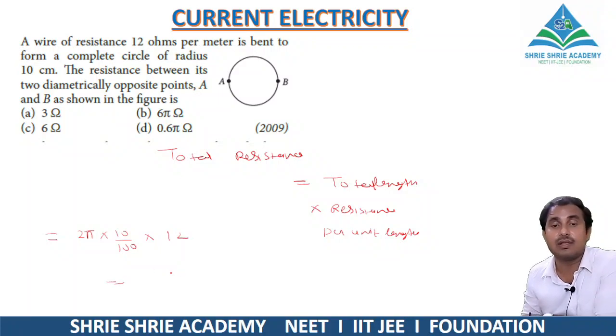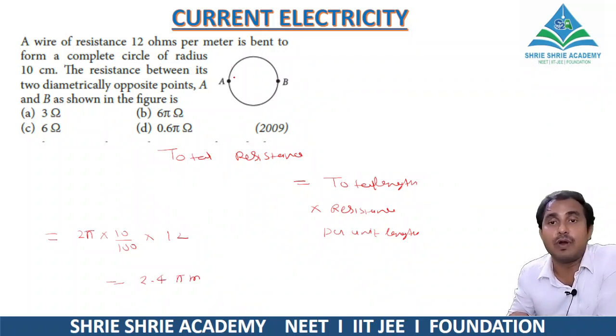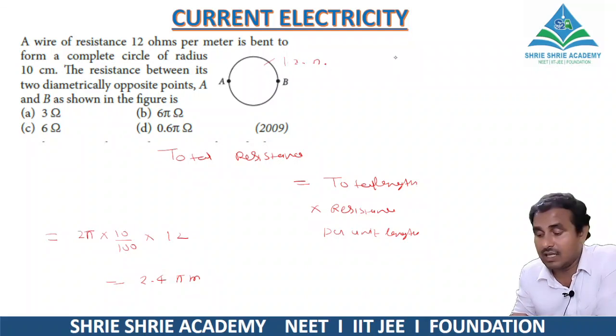If you do this, you get 2.4 pi ohm. So the total resistance is 2.4 pi ohm. This is half of the length, so this side you get half of the resistance, 1.2 pi, and the second part also you get 1.2 pi.